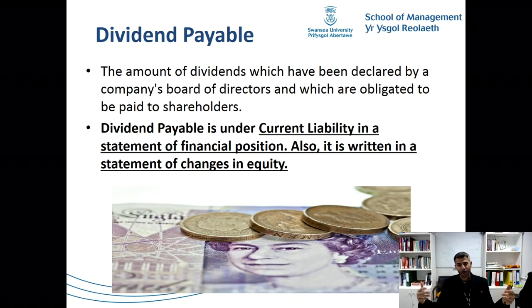The board of directors will meet and decide that a percentage of it will go to the shareholders, and the remaining will go to something called retained earnings or retained profit. Retained earnings means this profit we keep in the business for future investment.